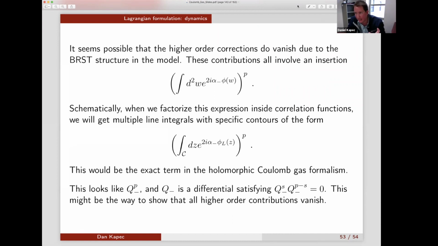But you have to be really careful about understanding the actual contours that are being taken, because Felder's construction has specific contours. I don't know a better explanation than this, and this is really just kind of a cartoon for what might happen. But this would be the contour argument for why it happens.